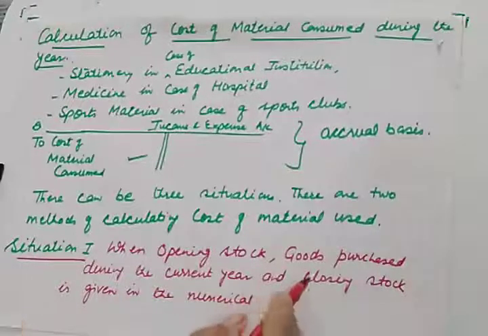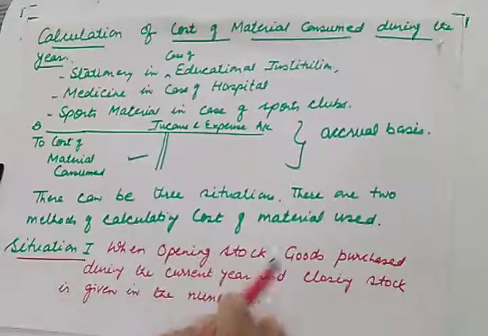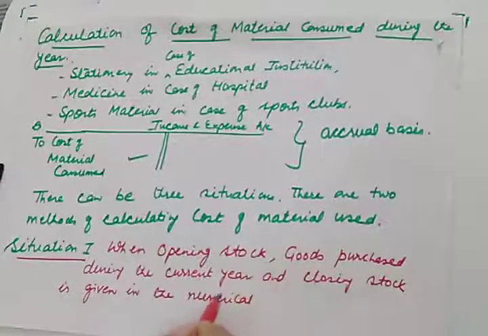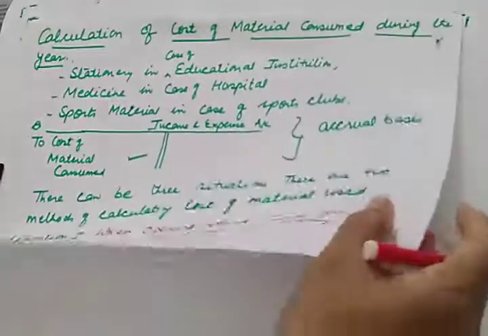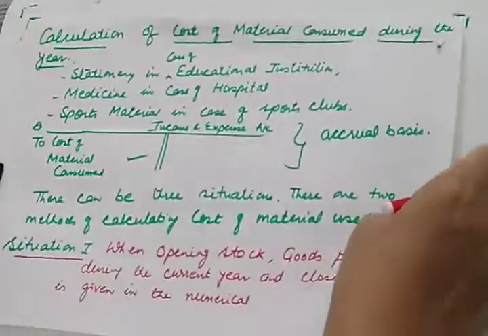So in this case we are having just 3 details: opening stock, goods purchased during the year, and closing stock. In that case, how to calculate material consumed? Let us see.